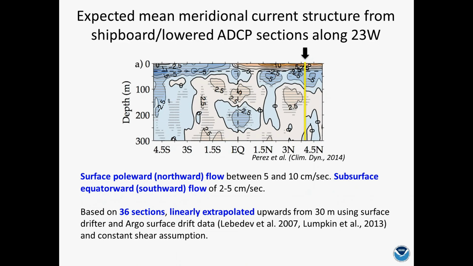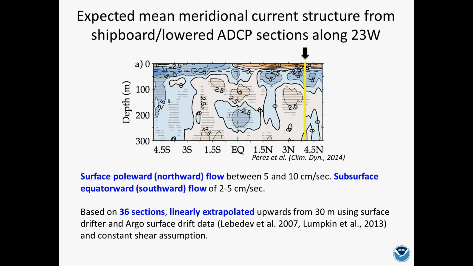Subsequent to that study, we looked at the meridional currents and made kind of the same map. And so if we look at 4 north, 23 west, what you would expect to see is, as I said, northward flow between 5 to 10 centimeters per second, and then subsurface flow of about 2 to 5 centimeters per second. And this was also based on shipboard ADCP sections.